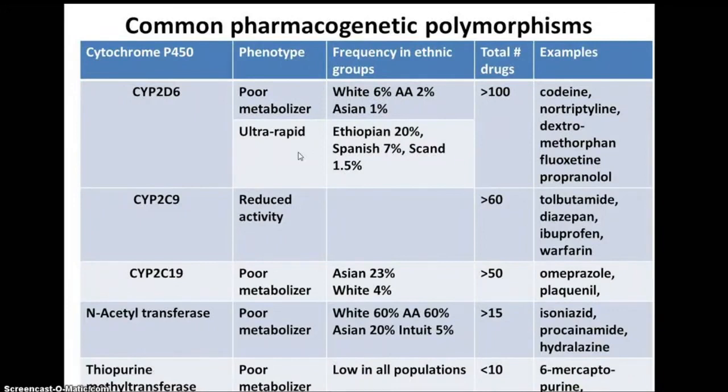So on screen you can see the common pharmacogenetic polymorphisms. The polymorphism in cytochrome P450 causes the different response of people to the use of different medicines.